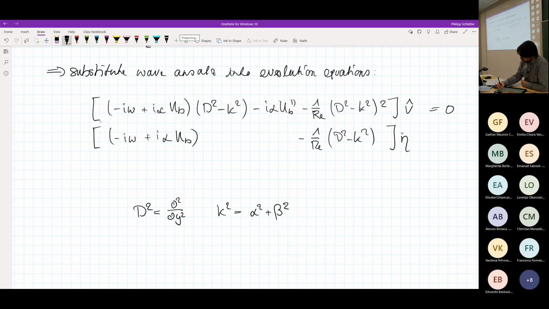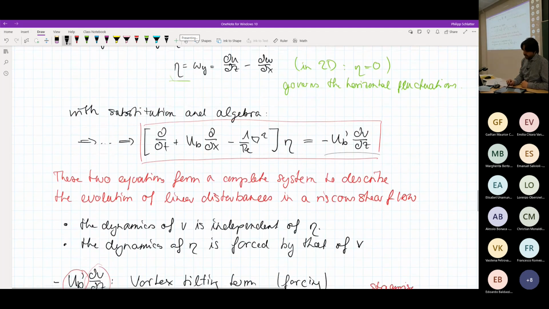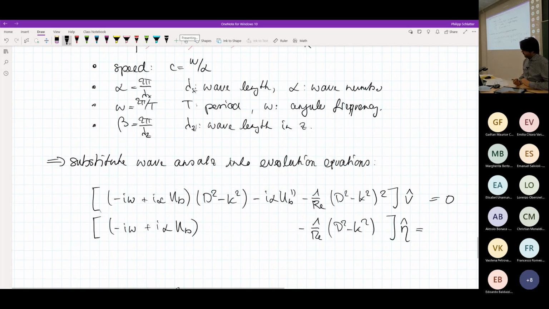And this is now times eta hat. So again, eta hat would just be the Fourier coefficient of eta. Now there is one difference, because here we have an inhomogeneity. So we have something on the right side. So that means we need to have here minus I beta ub prime times v hat.